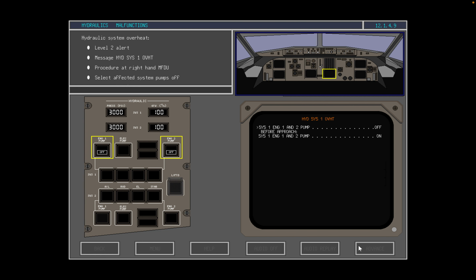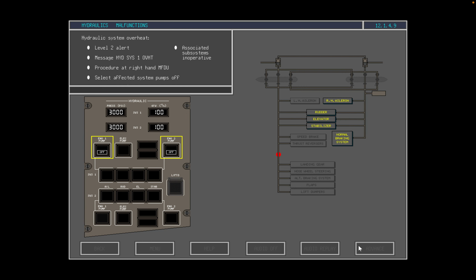The procedure for both System 1 and System 2 overheats requires that the affected system engine pumps are selected off at the hydraulic panel. Switching off a system due to overheat leaves the associated subsystems inoperative. In this example, only those subsystems powered by System 2 remain operative.